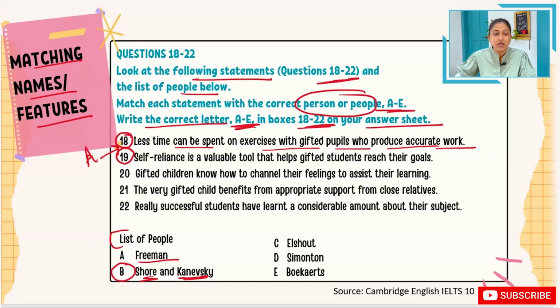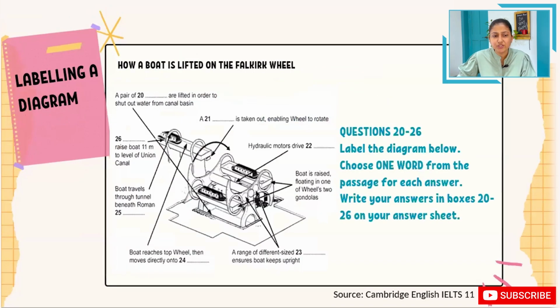Alright? Great. Now, quickly, let's look at the last type of question, which is labeling a diagram, which is again more or less similar to fill in the blanks. Again, you see certain blanks are given. Yes, alright. A diagram is given.